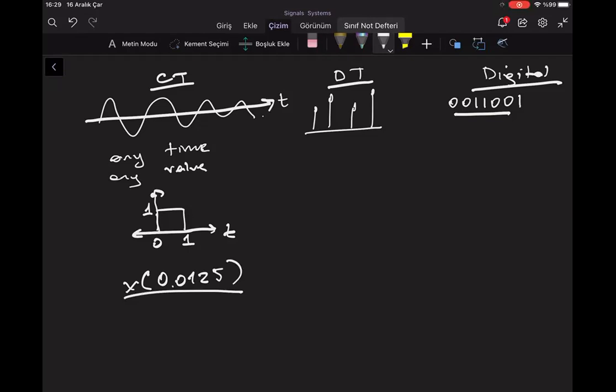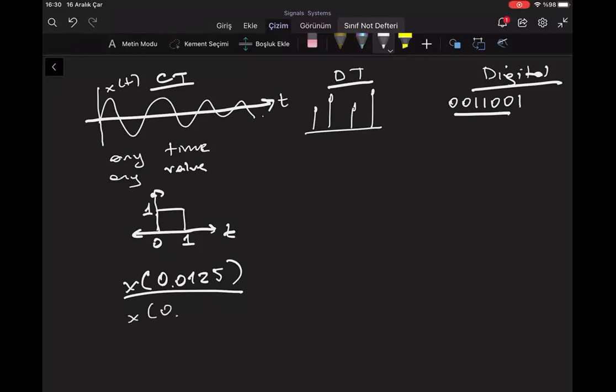Can I know this value from this signal? If this is x of t? Yes, sir. Yes. Why? Because the signal exists for all real values of t. Continuous time means signal value exists anytime.